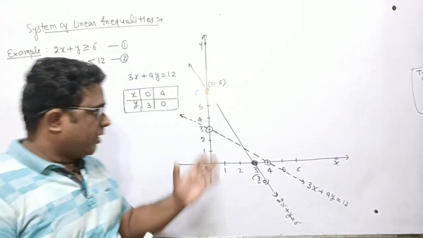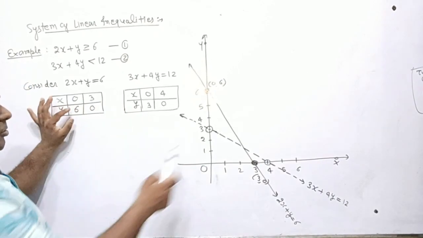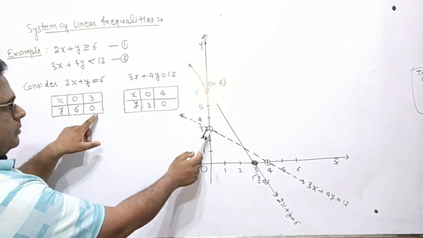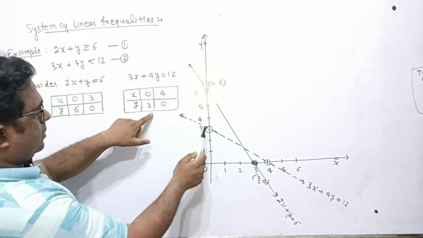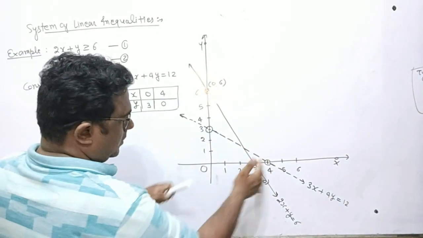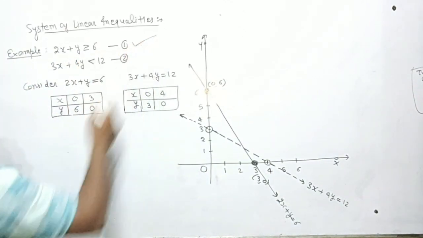Now students, I have plotted the graph with the help of these points. 0, 6 here, 3, 0 is here, 0, 3 is here, and 4, 0 point is here.